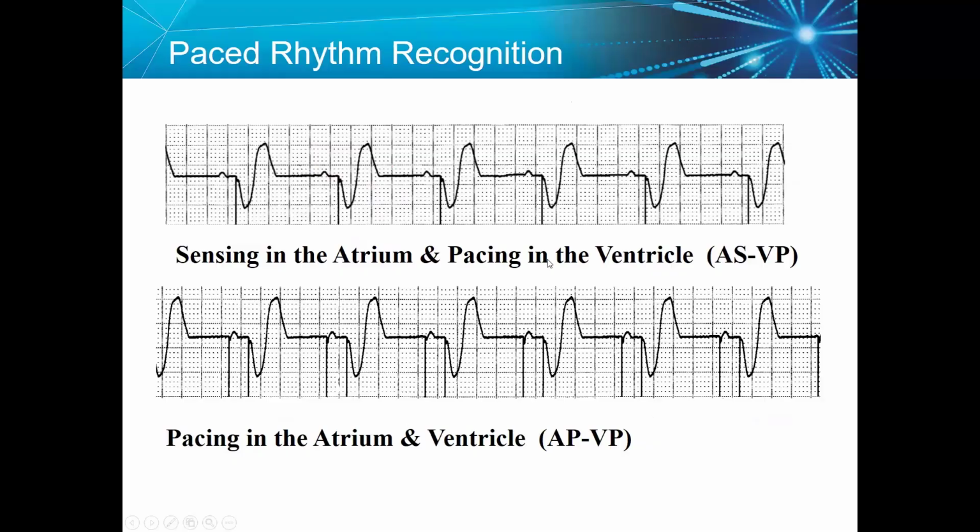Here, sensing in the atrium and pacing in the ventricle: a normal P wave, no pacing spike before it, and then ventricular pacing preceded by a pacing spike. And atrial pace, ventricular pace: there is a pacing spike before the P wave and before the QRS.